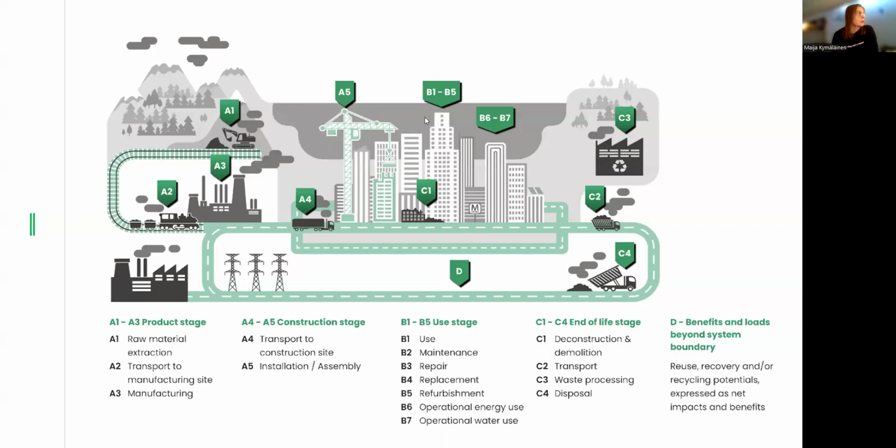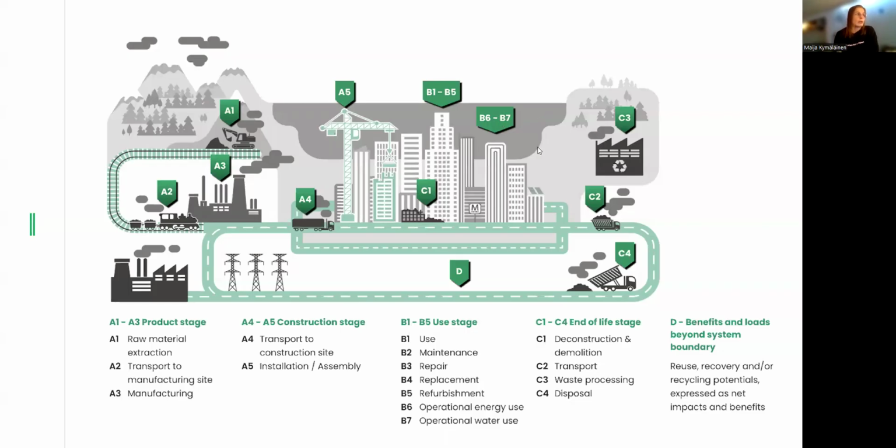When the building is finalized, we have the use stage. So that includes B1 to B5 for materials. So they contain the use of the building, maintenance of different parts, repair, replacements, this kind of plant refurbishment, and then that is the materials. And then we have the operational part as well in the use stage. So these include operational energy use and operational water use as well.